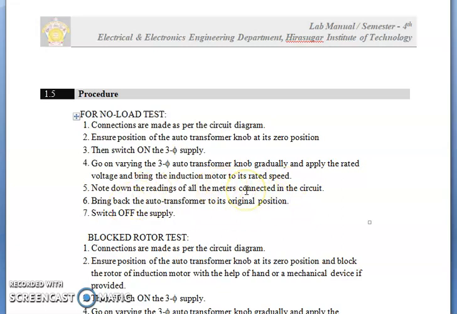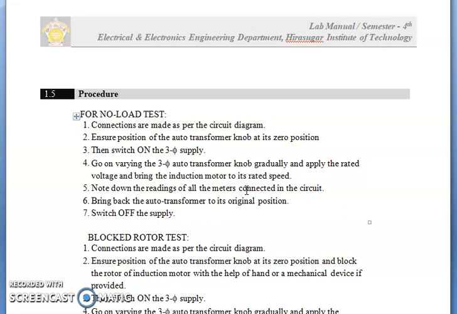Okay, after taking readings of no load current, voltage, wattmeter readings W1, W2, right? Here, as the machine runs at no load condition, it draws only magnetizing current. Hence, it operates at low power factor. Whenever any machine like an induction machine operates at low power factor, one of the wattmeters shows a negative reading.